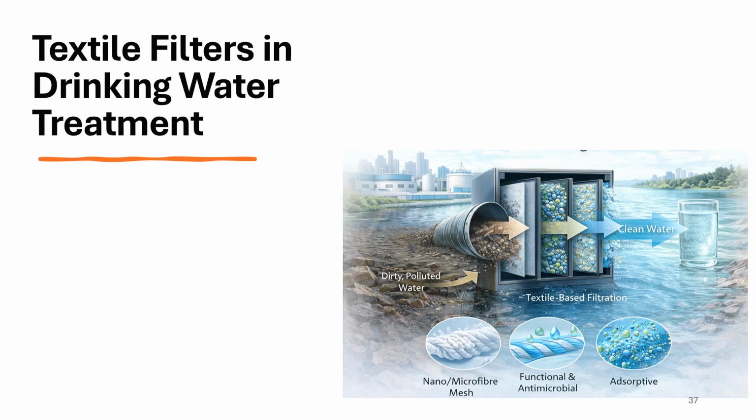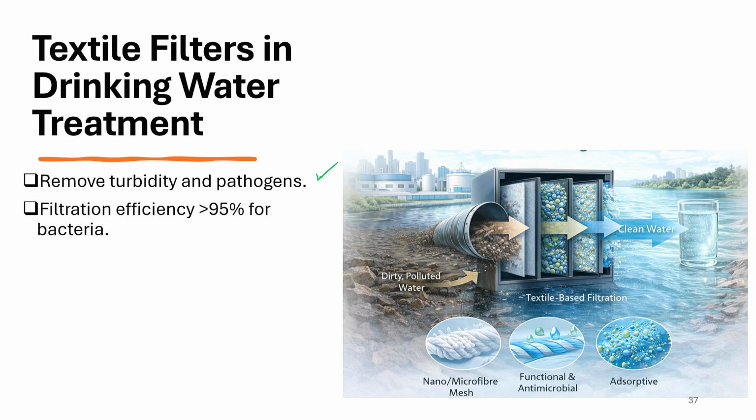Now, textile filters in drinking water treatment. Textile material can first remove turbidity and pathogens, and its filtration efficiency is more than 95% for bacteria. So, bacterial filtration is used in municipal water treatment plants.